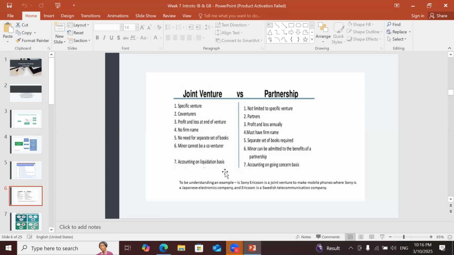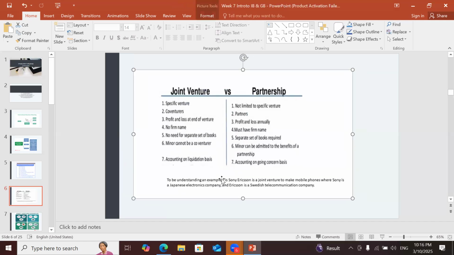So it depends on the company policy and regulation. To be more clear, some words are mentioned below. For a more understandable example, Sony Ericsson is a joint venture to make mobile phones, where Sony is a Japanese electronics company and Ericsson is a Swedish telecommunication company.